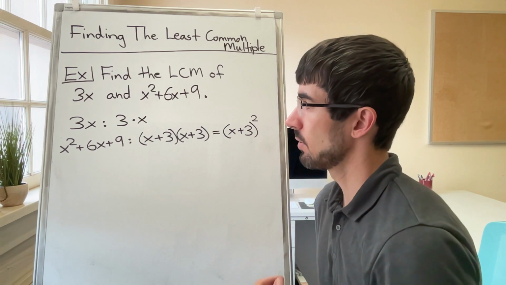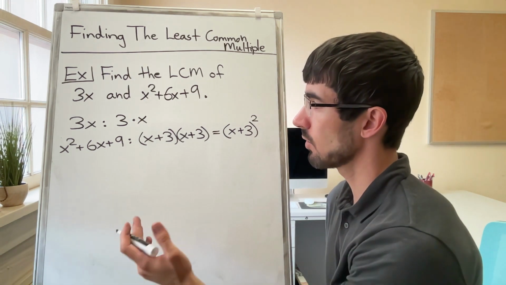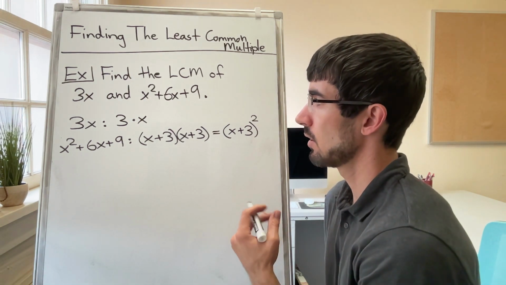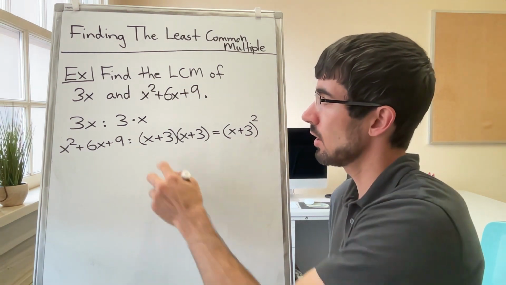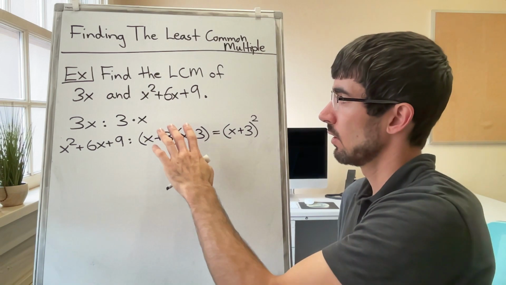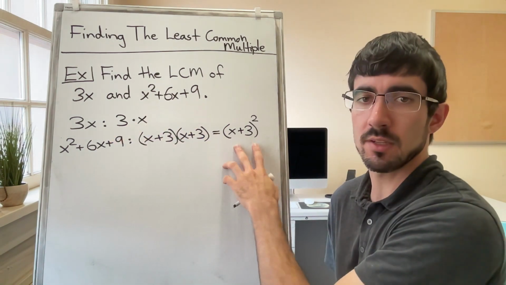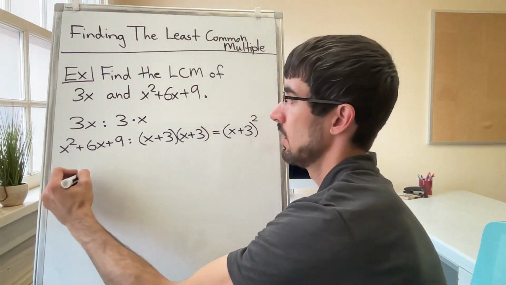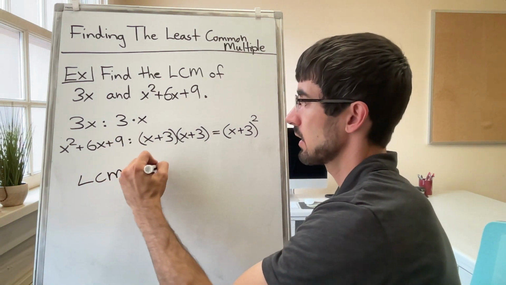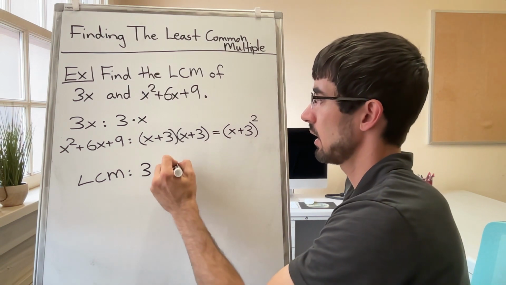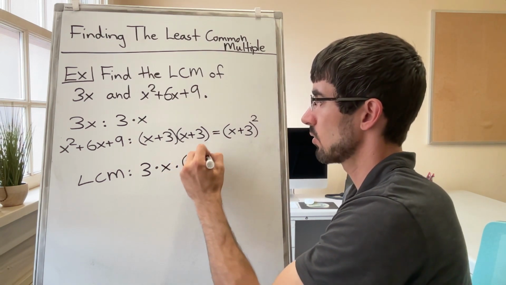The procedure for finding the LCM says we multiply all the different factors to the highest power that they appear in any of the terms. It's important to note 3 times x, those are different factors than x plus 3. They have nothing in common. So the LCM has to contain 3, and it has to contain x, and it has to contain x plus 3 squared.